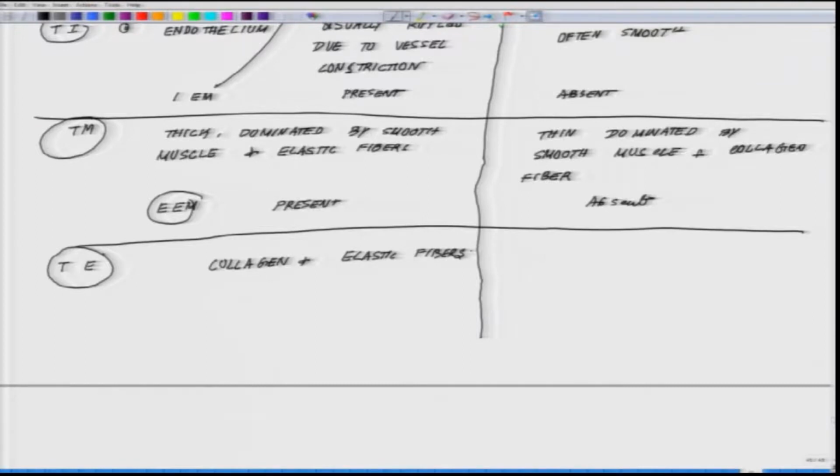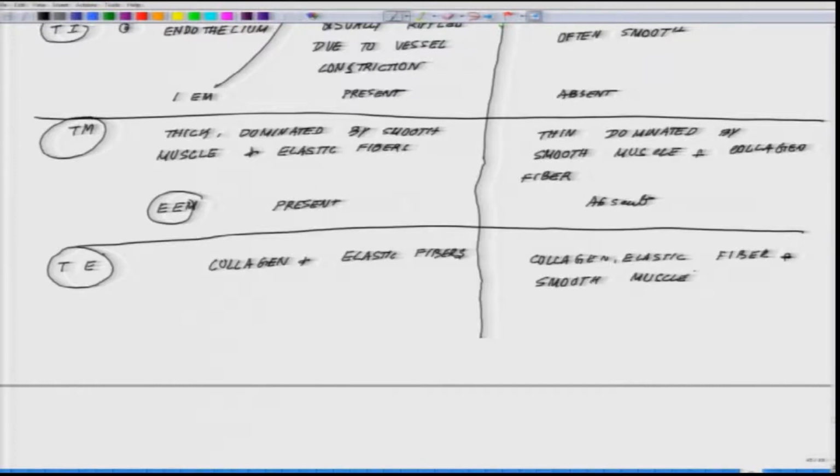Whereas in a typical vein, this is made of collagen, elastic fiber and smooth muscle.